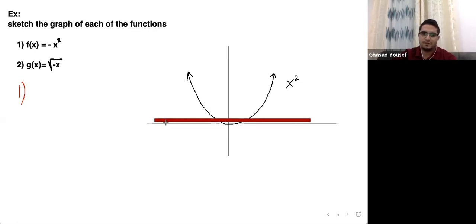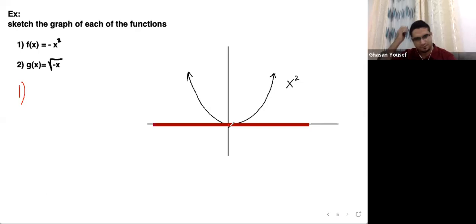This is like a piece of mirror, the x-axis, and everything will be reflected. So this point here will be here, the same. The points here will be reflected like this. This side will be reflected like this.